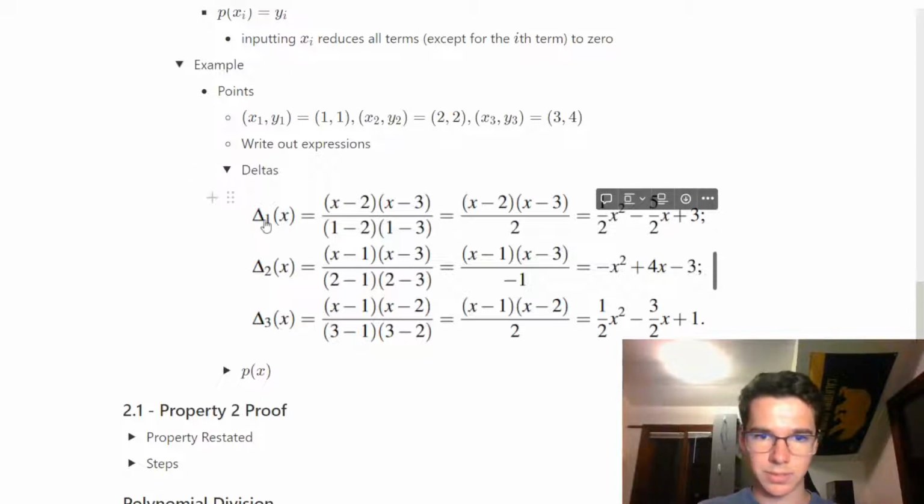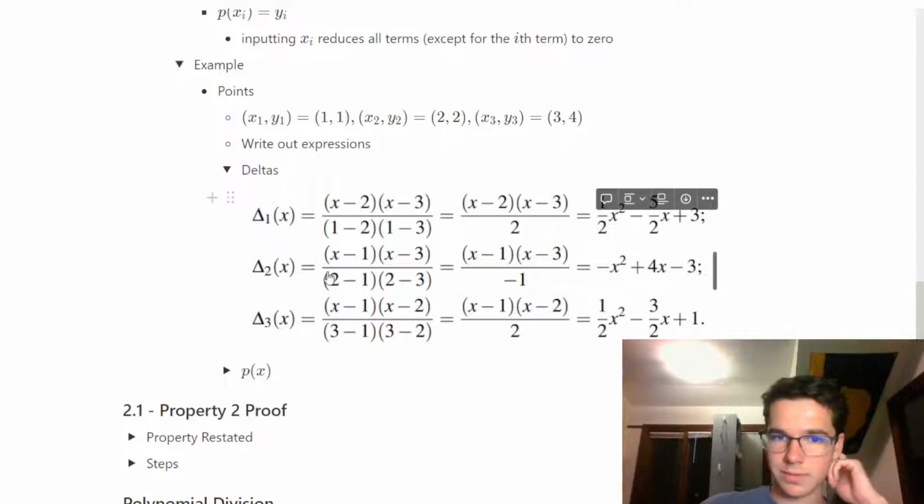So since we're dealing with delta 1, then we're not going to have x1. We're going to have x minus x2 and x minus x3, which happen to correspond to 2 and 3. Then on the bottom, we're going to have the same thing, except we're going to pass in x1. Okay, and that's going to give us this polynomial right here, and we're going to repeat the process for delta 2, which is going to give us this, and so on.